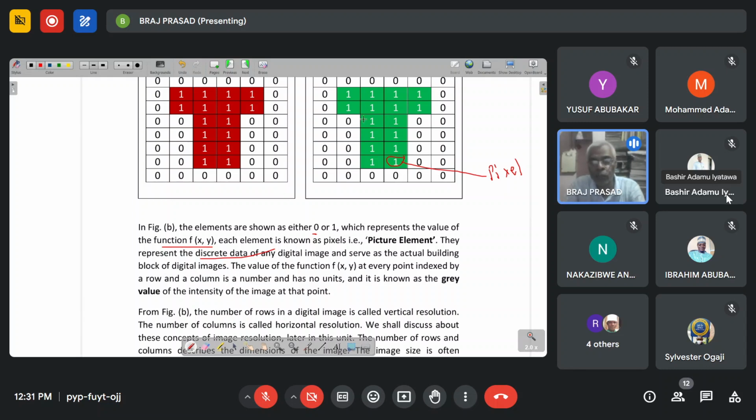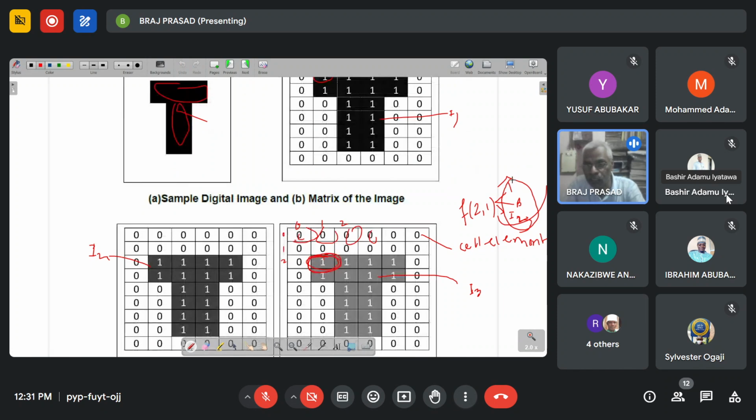So you can see here, if we store all these values that I have just discussed at each cell, then you will get this type of figure, and this figure shows the image of this given object.